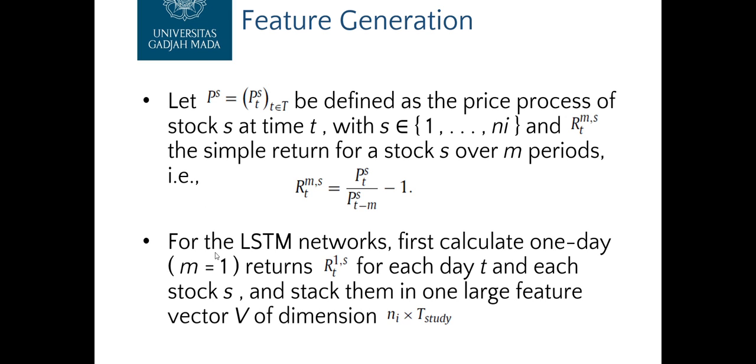For the LSTM network, we first calculate the 1-day, m equal 1, return R_st^1 for each day t and each stock, and stack them in one large feature vector V of dimension n times T_study. Then we standardize the returns by subtracting the mean and dividing by the standard deviation obtained from the training set.